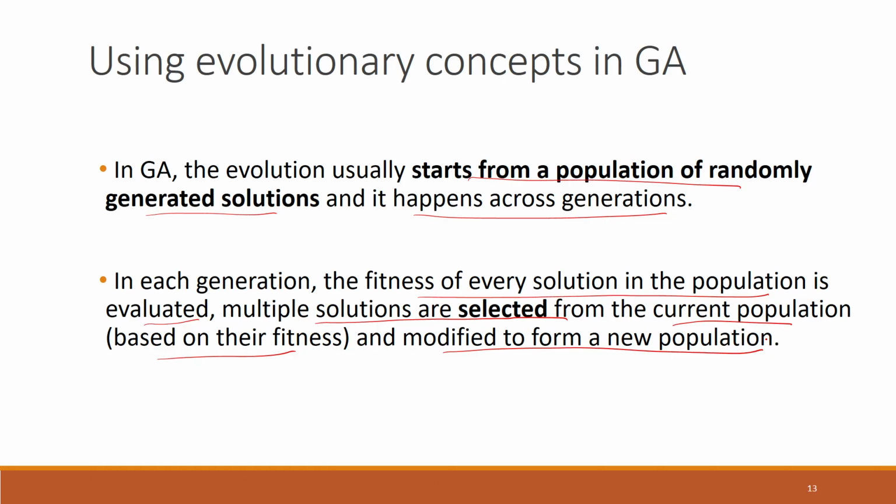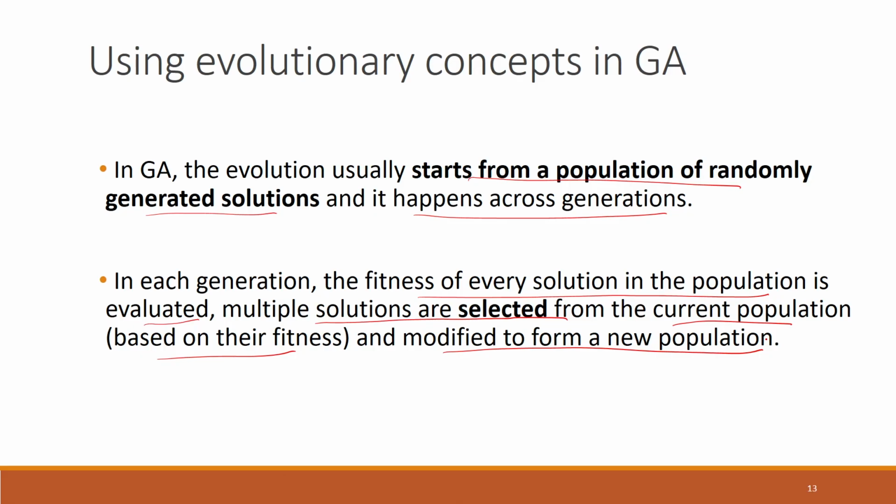Once we have a population in a given iteration or generation of the algorithm, and we will be using the terms generation and iteration interchangeably for genetic algorithms, then in the next iteration we use a method called selection, where we select a new population, and while selecting it, we give higher priority to the solutions that are fitter, in the sense that they are closer to the optimal solution as compared to the other solutions.